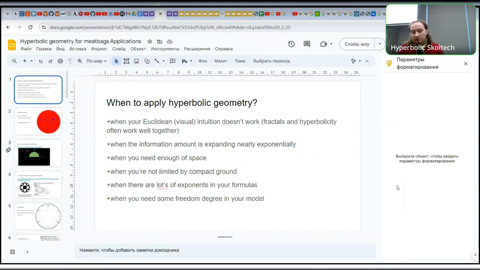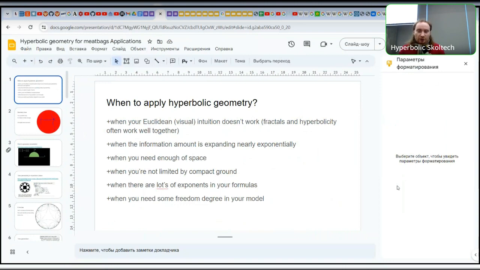There are some ideas about when to apply hyperbolic geometry. We simply don't know the true reality behind everything that is happening before us, and sometimes there is a hyperbolic geometry behind it.